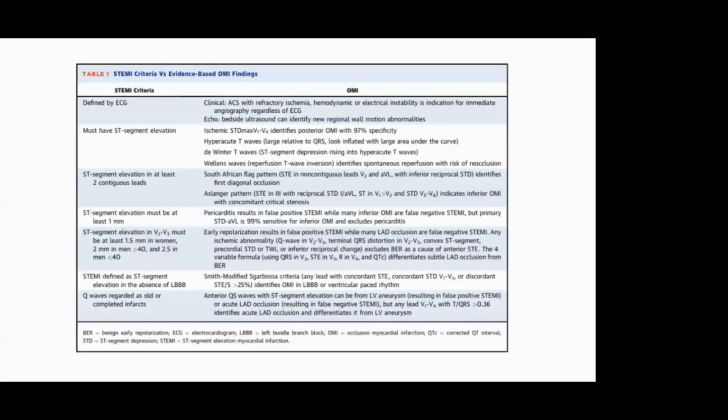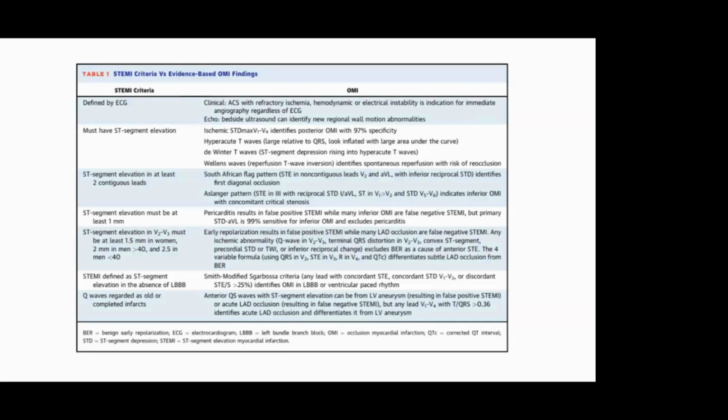This is the STEMI criteria you all know. This is defined by the ECG mostly. ST segment elevation in at least 2 contiguous leads, with at least 1 mm ST elevation. But in V2, V3, there will be 1.5 millimeter ST elevation in women, 2 mm in men over 40, and 2.5 mm in men less than 40.